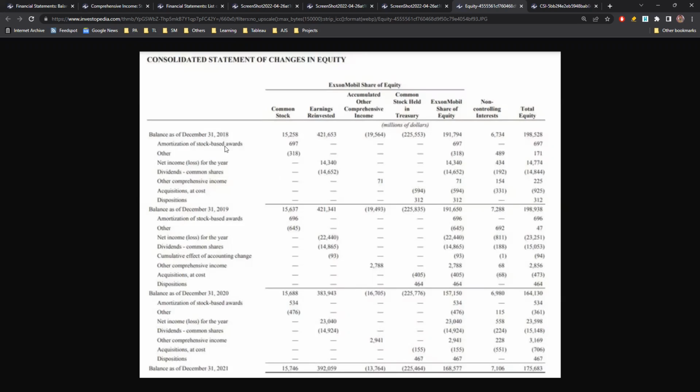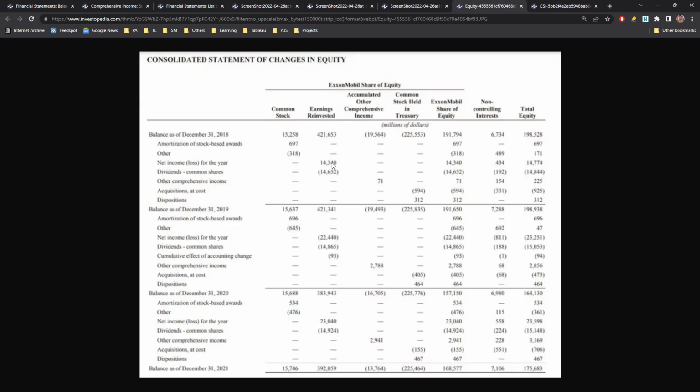These categories are divided again into multiple sections. We'll come to that in a minute. And then there is something called others, where they have lost 300 million. If you look at net income, which is categorized in the earnings reinvested, we'll talk about what this is in a minute.